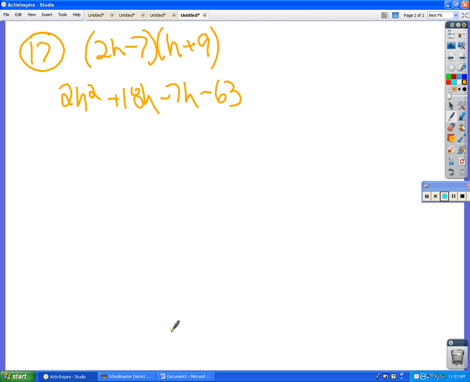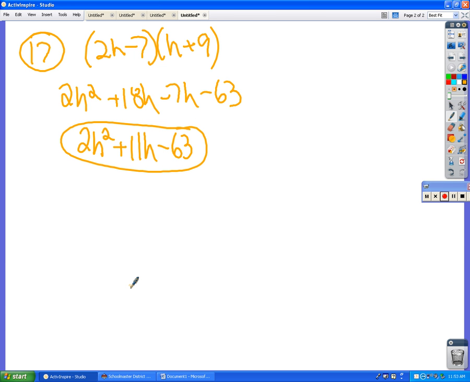What can I do now to wrap this up? Nolan? And what are the two like terms that I would combine in this case? 18h and negative 7h. Okay, 18h minus 7h gives us a total of 11h. And so this is my final answer. And so almost always there will be some terms that you can combine before you're done.